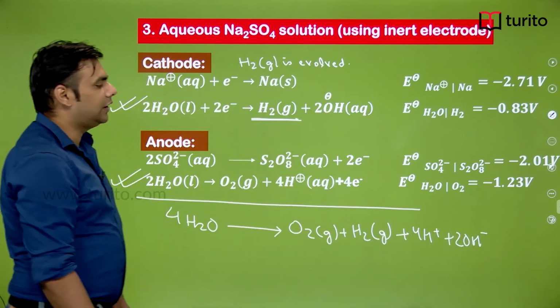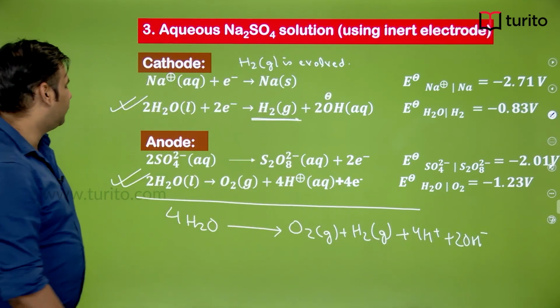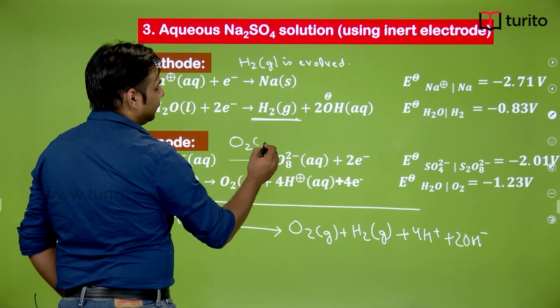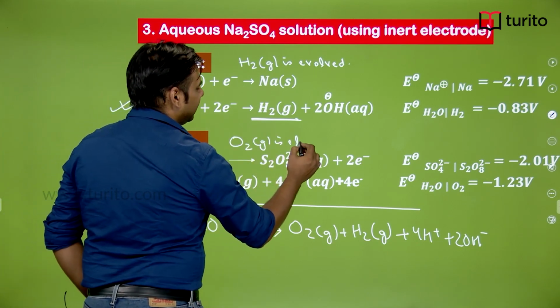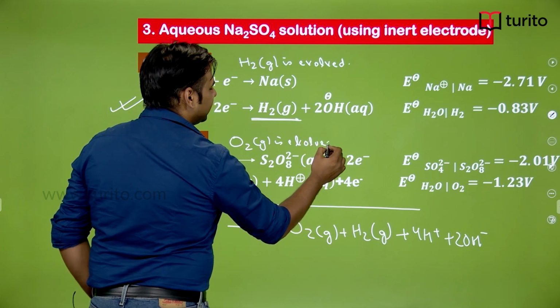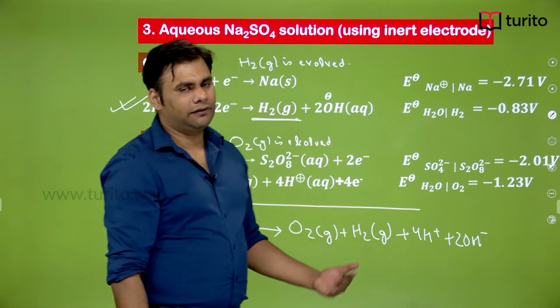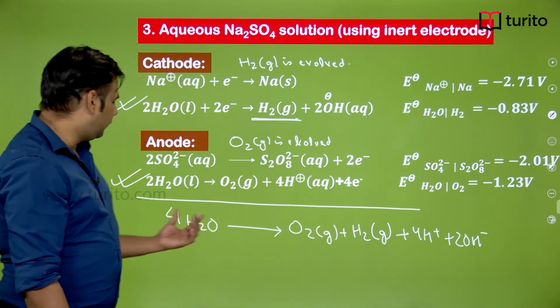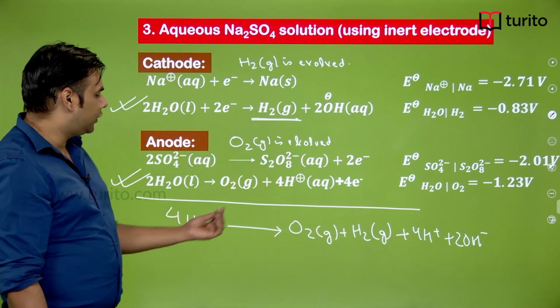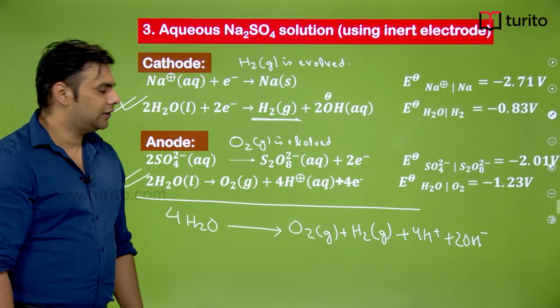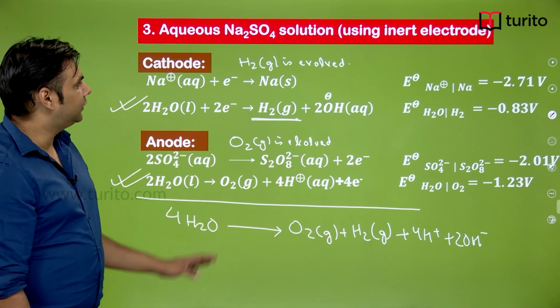I hope this is clear to you. So at anode O2 gas is evolved. Now you can cancel for balancing. 2OH- you can combine with 2H+ and form 2 water. That 2 water will be cancelled, so we will be left with 2 water changing into O2 plus H2 plus 2H+. I hope this is clear to you.